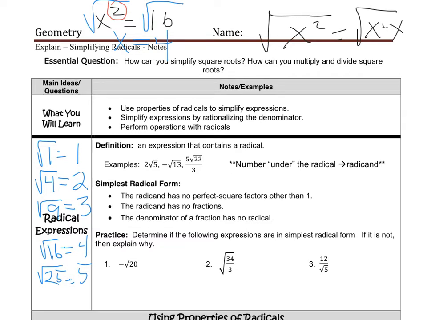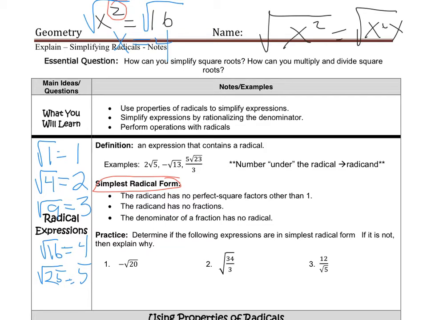But there are some rules with your radicals. Let's look at some of these definitions right here, putting the radical in simplest form. The radicand has no perfect square factors other than 1. In other words, a radical or a square root is not simplified until the only perfect square factor the number has left is 1.